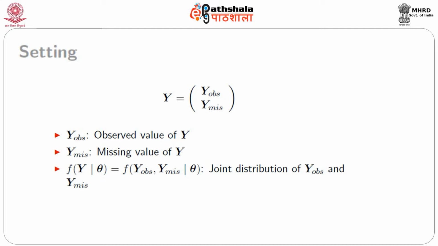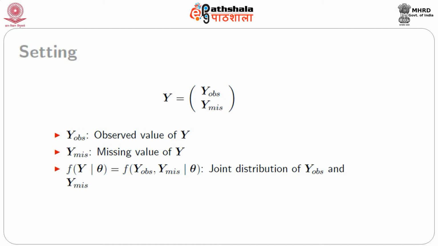So, consider Y to be the observation vector, n dimensional in nature. Then I can split Y into two sub vectors: Y observed and Y miss, where Y observed is the observed values of Y and Y miss is the missing values.